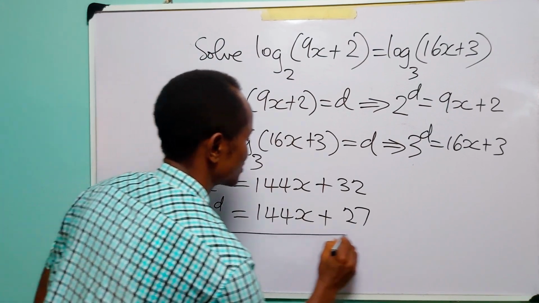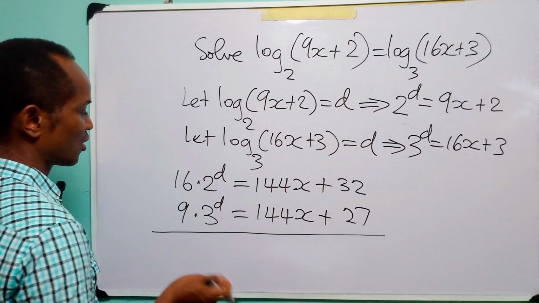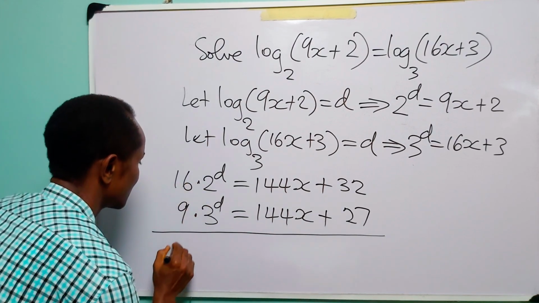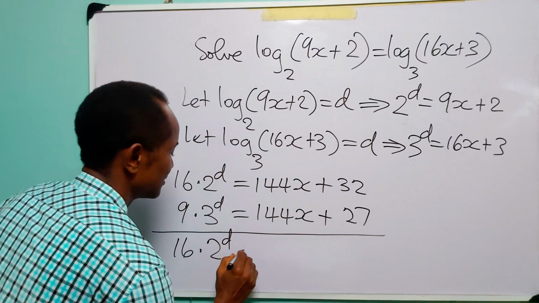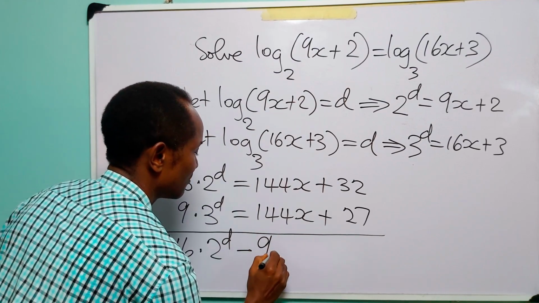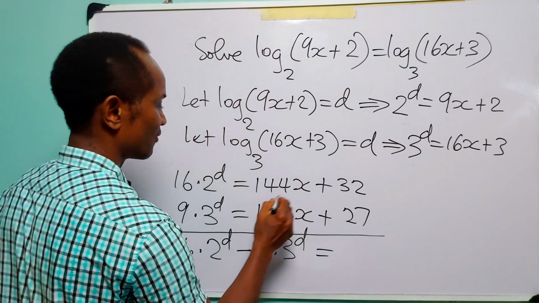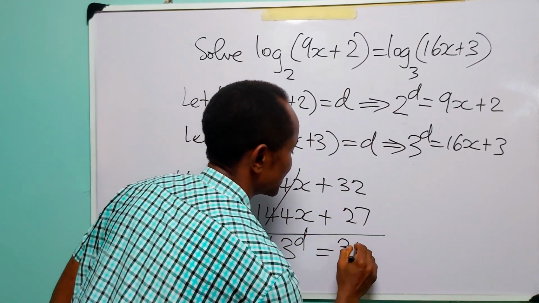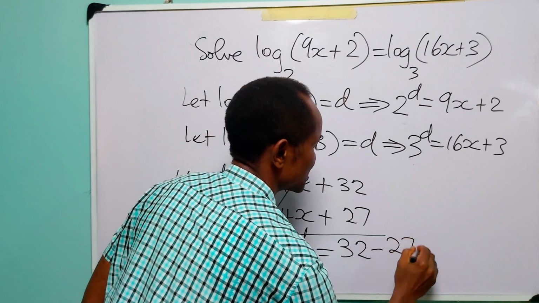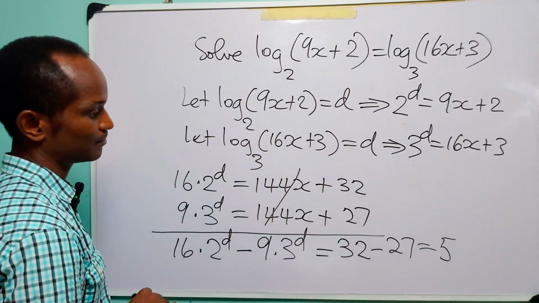Next, let us subtract the second equation from the first equation. When we do that, we have 16 multiplied by 2 to the power d minus 9 multiplied by 3 to the power d is equal to, of course, the x terms go to 0, and we have 32 minus 27, which is equal to 5.